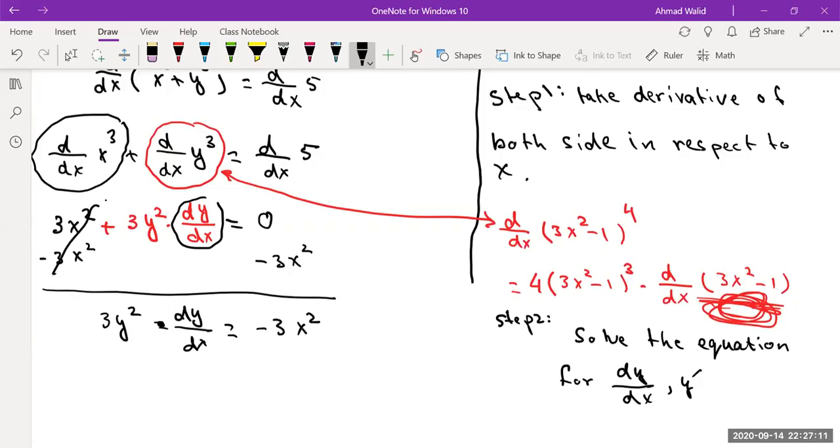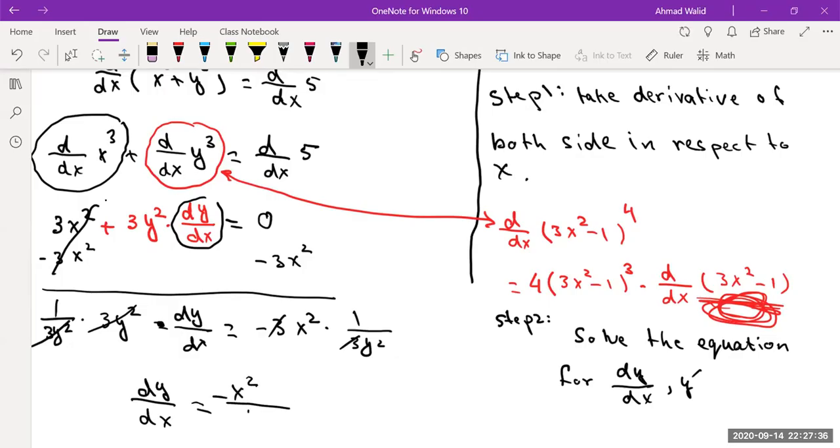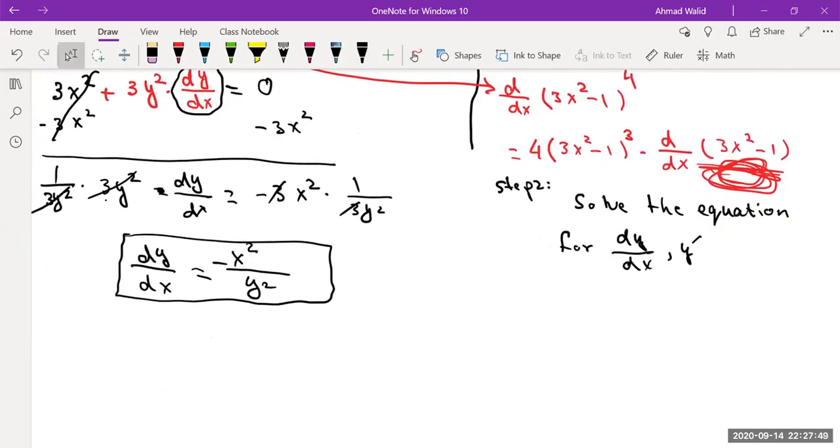Divide both sides by 3y squared, or multiply both sides by 1 over 3y squared. It's all algebra, right? The 3s cancel out. Then dy over dx equals negative x squared over y squared. Here you go. You could find the derivative of the given function x cubed plus y cubed equals 5. That is actually the derivative of that function.